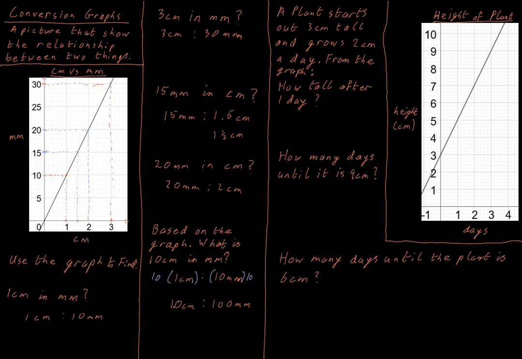So we can use the relationship that we've got from the graph and extend it beyond where the graph is drawn. Now in science, we would need to be very careful that we only did that if we had a reason to believe that the relationship kept going beyond where we had graphed. So this is not something you would always do in the sciences, but in this case we can see that this relationship should keep working.